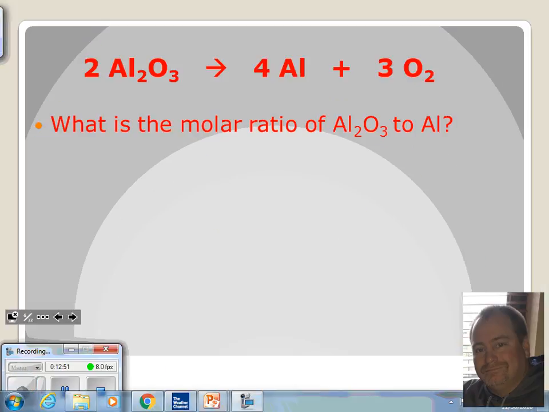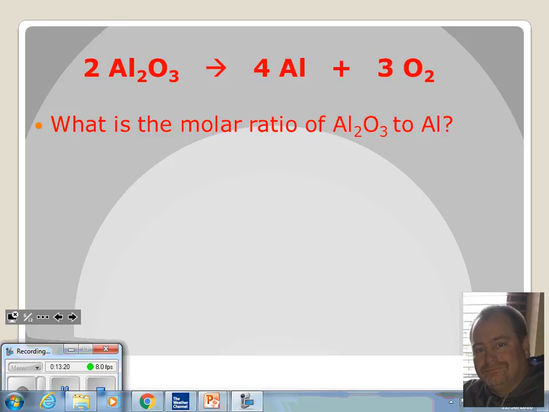Now, when I try to determine the molar ratio, I'm looking at the balanced chemical equation. First thing we need to check: is my equation up here balanced? It is balanced, okay?